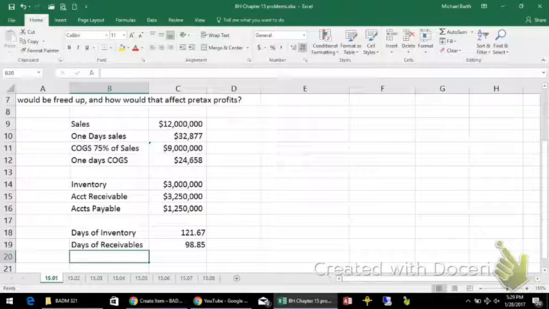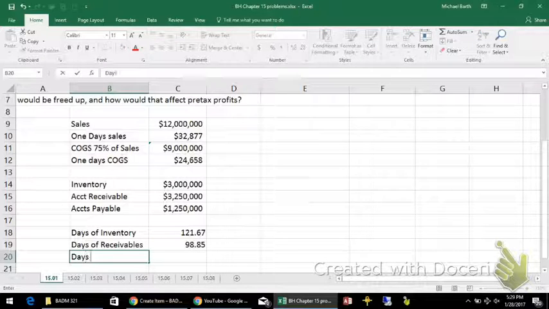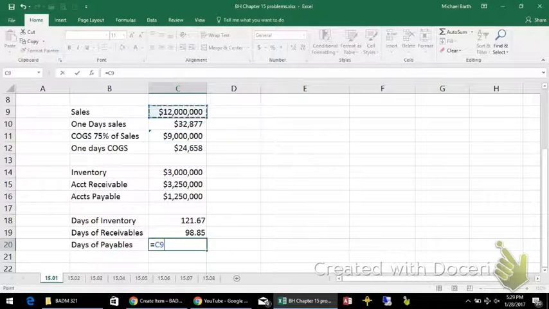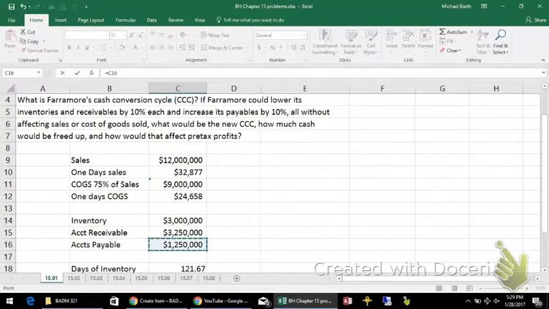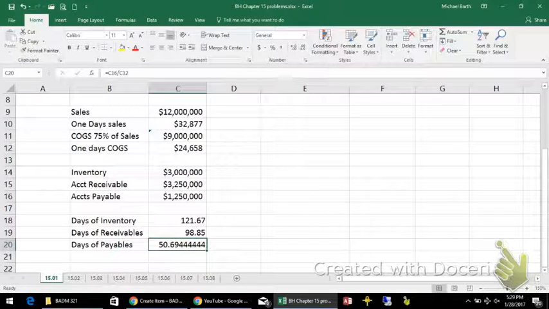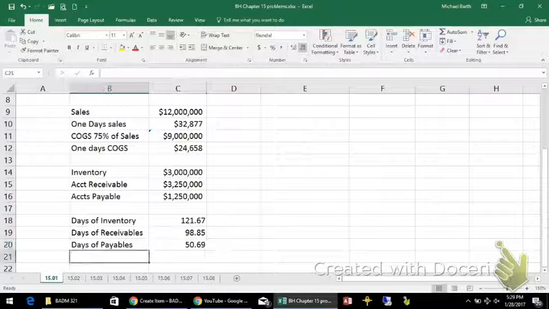Now, offsetting this is that when they buy inventory to put on their shelves, they don't pay cash for it. So the days of payables are accounts payable divided by 1 day's cost of goods sold. There's variation on these formulas out in the real world, but more or less this is the concept behind it: how long is cash tied up in net working capital.